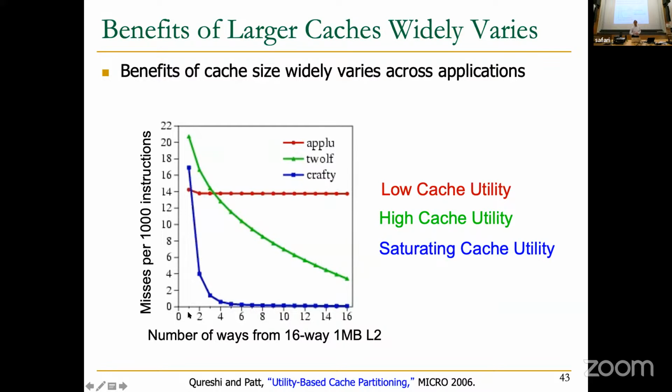Basically here, this is an example where your application fits in the cache and a larger cache doesn't benefit the application. This is a saturating utility. The application has saturating utility from larger caches. So you see all kinds of behavior like this. These are the three major patterns of behavior that you would have in larger caches. But again, it's very application dependent. It's very access pattern dependent.